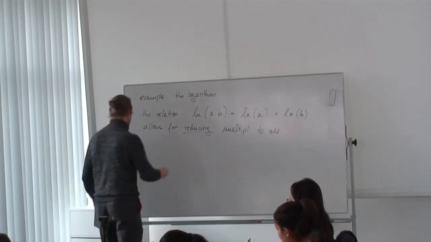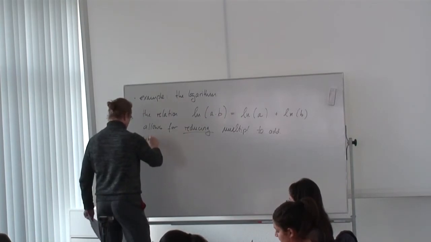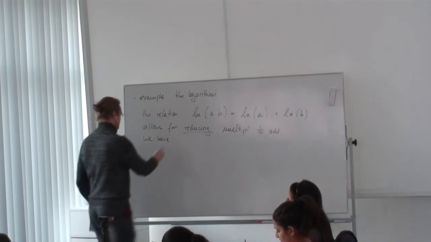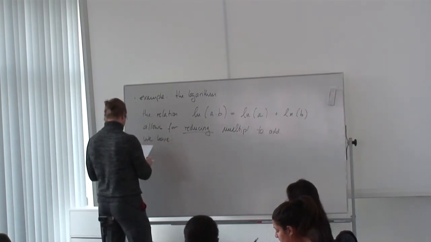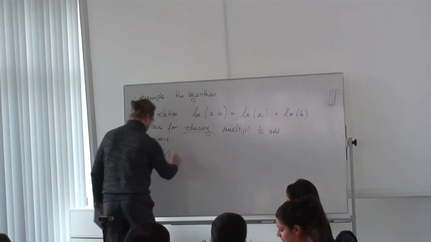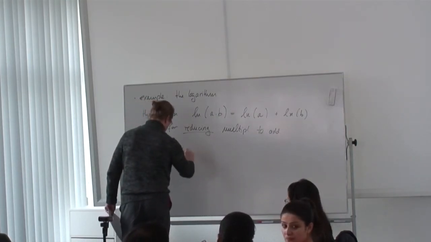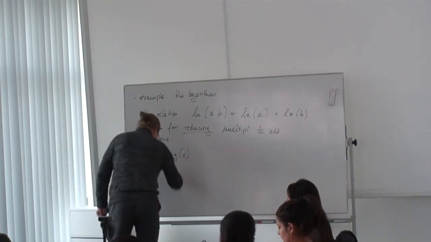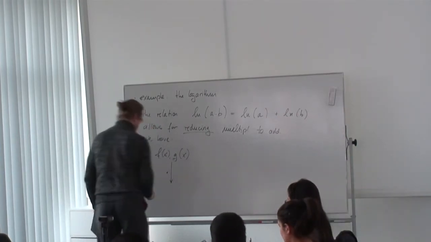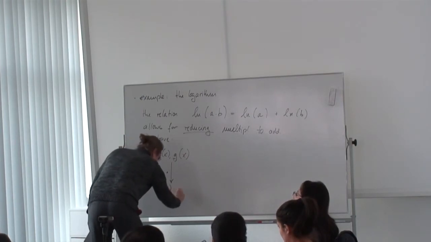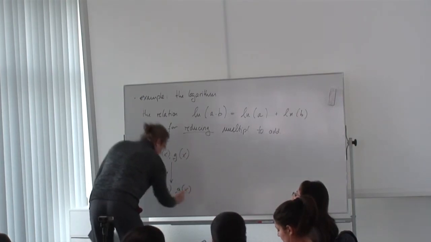And that is to say that we have the following commutative diagram. If we are given, I make it with functions, two functions, say f of x and g of x, and we want to multiply them, so multiplication, to obtain f of x times g of x.